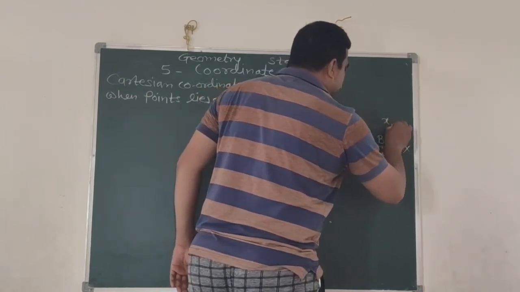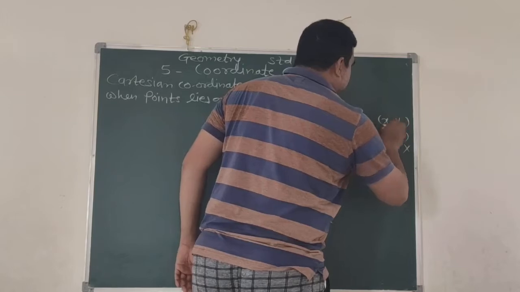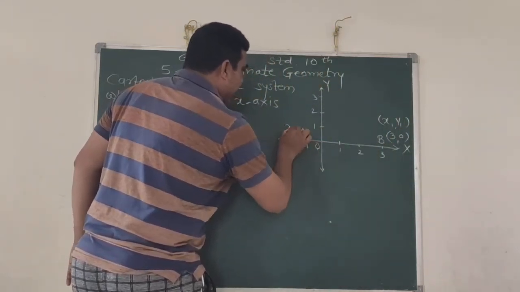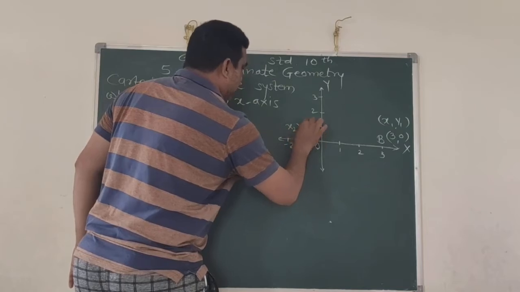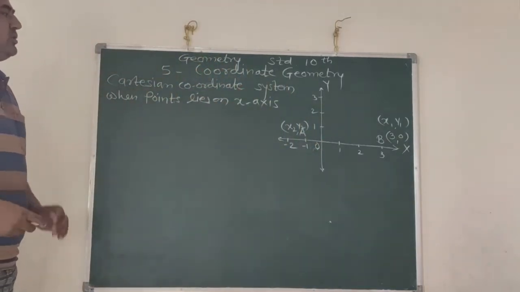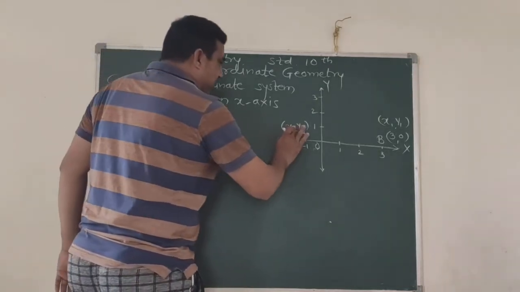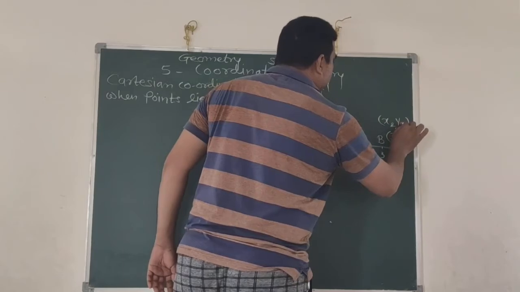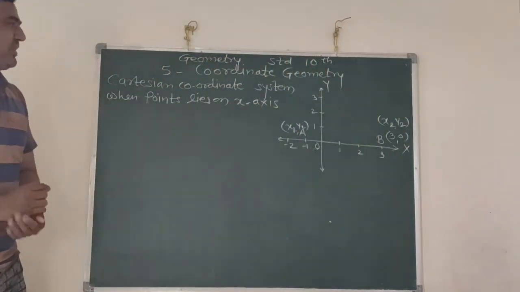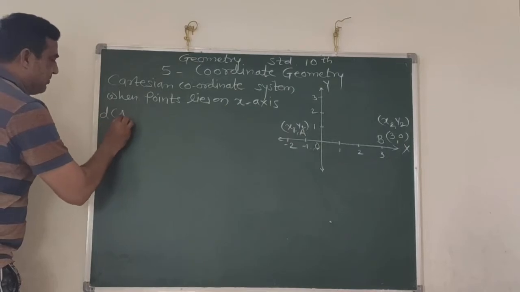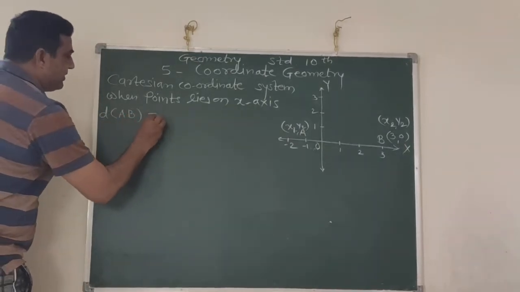In general we write x1, y1 and x2, y2. Okay, that we have studied. So if you consider this one as x1, y1, then that will be x2, y2. Now, I want to find out distance AB, the distance between point A and point B.